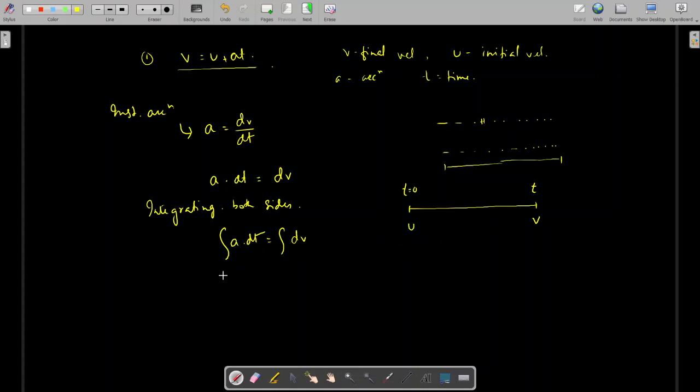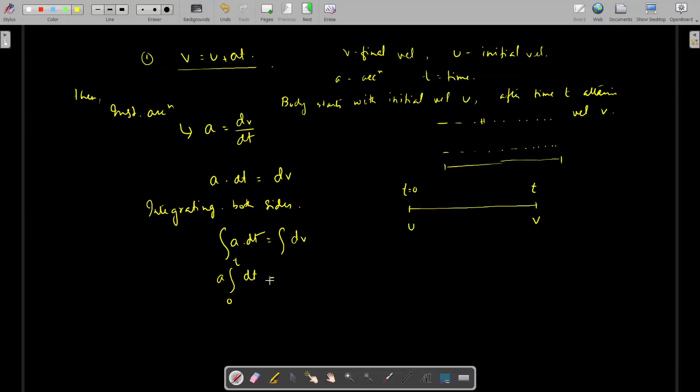Here a is a constant term, so a will come ahead of the integral, with dt. The limits of time will be from 0 to t, because the body starts with initial velocity u and after time t attains velocity v, and the instantaneous acceleration is given by a equals dv by dt. So integrating both sides, the limits of time will be from 0 to t.